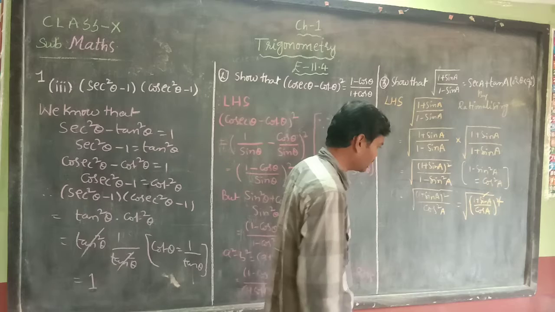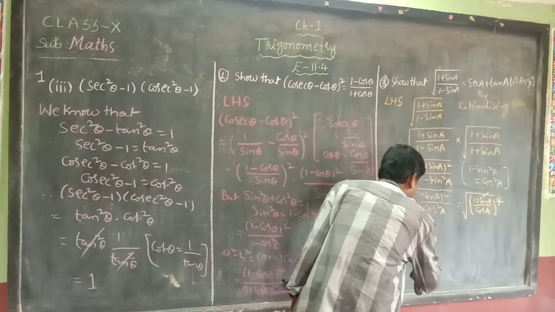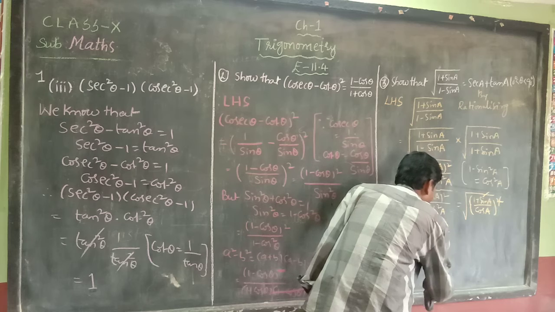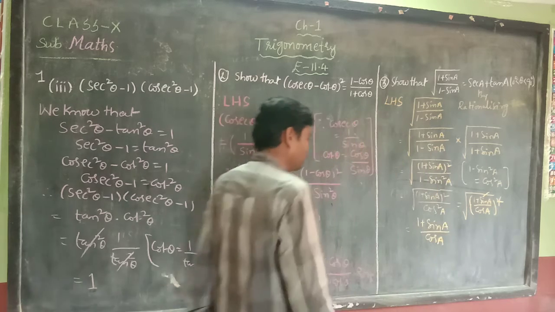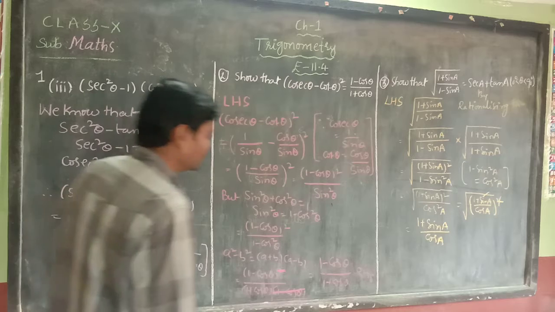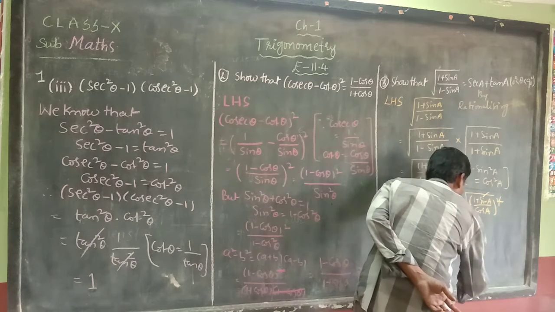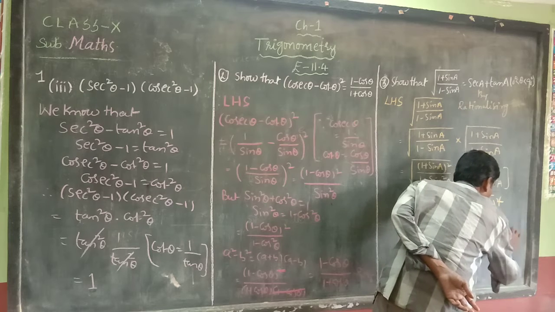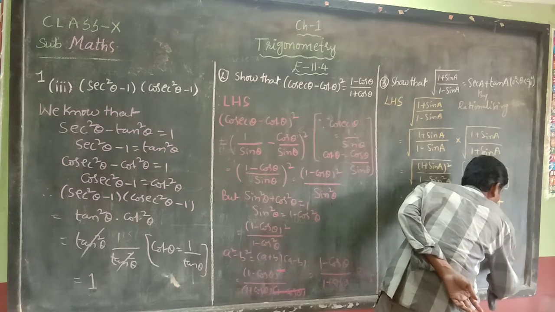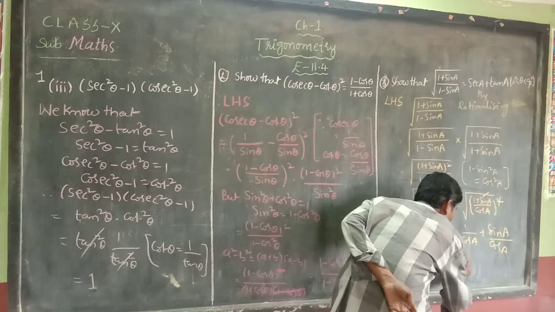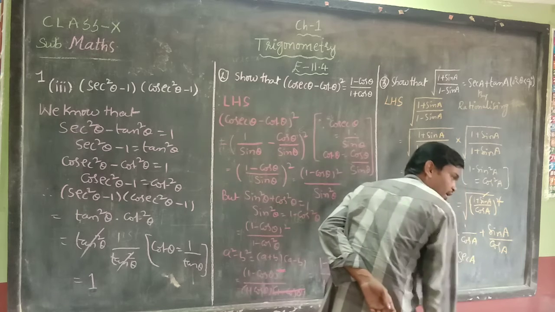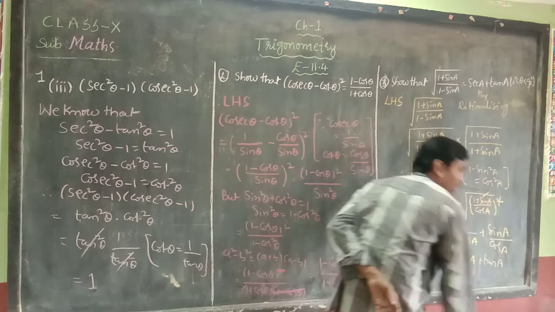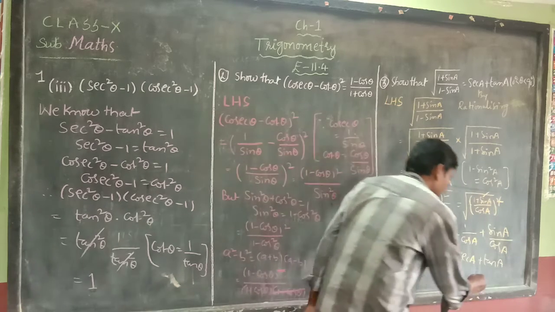So what do we get finally? (1 plus sin A) by cos A. This we write as 1 by cos A plus sin A by cos A. But 1 by cos A is what? Sec A. Plus sin A by cos A is what? Tan A.